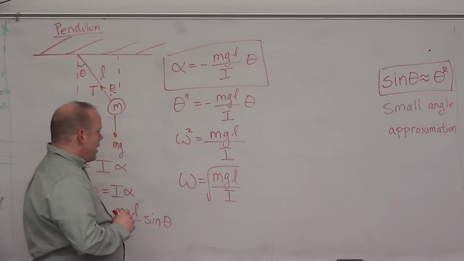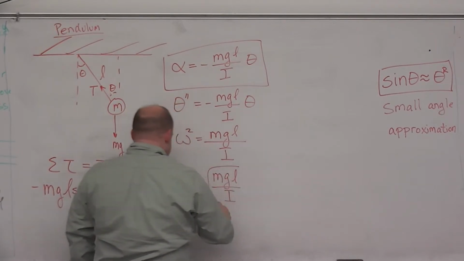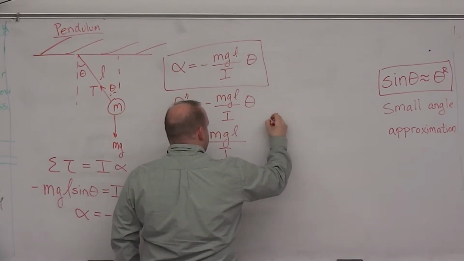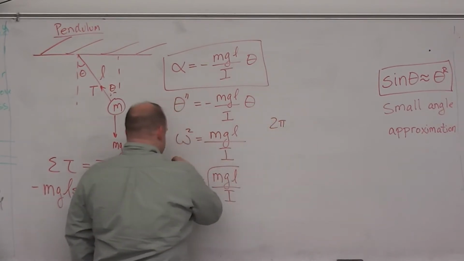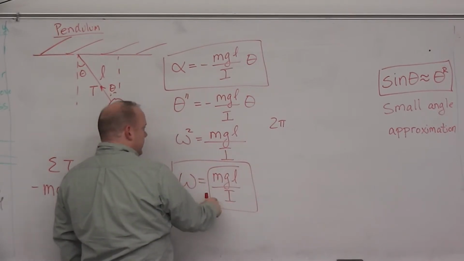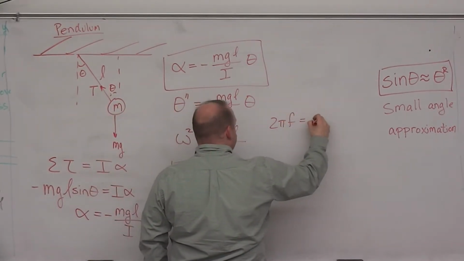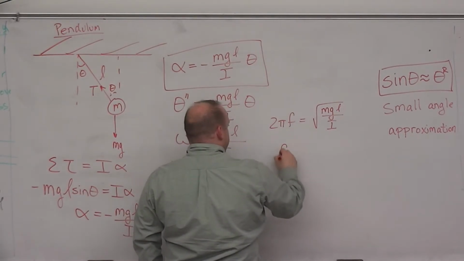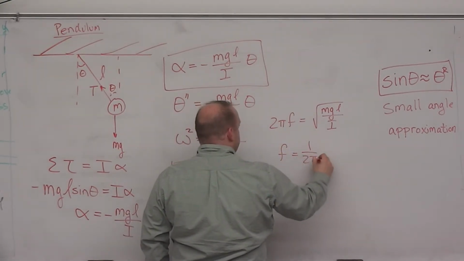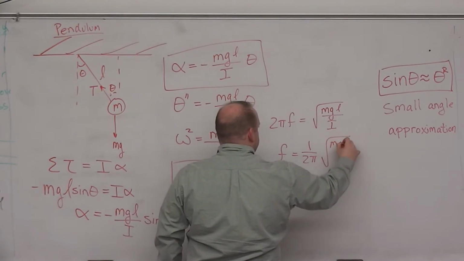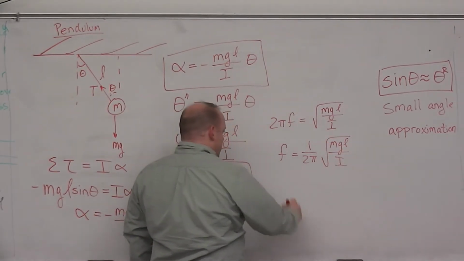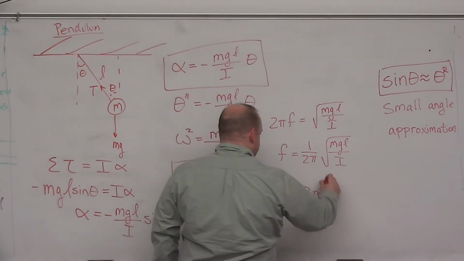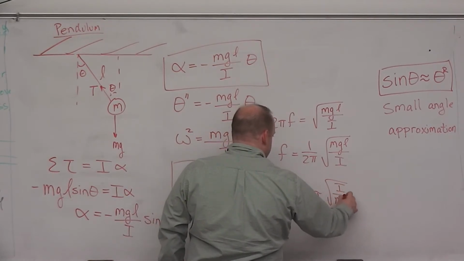Now, let's just say I want the frequency of this. Okay, so omega is 2 pi times the frequency. This is one thing that's useful. So 2 pi times the frequency is equal to root mgL over I. So my frequency is equal to 1 over 2 pi root mgL over I. Or the period, which is 1 over the frequency, would equal 2 pi square root of I over mgL.